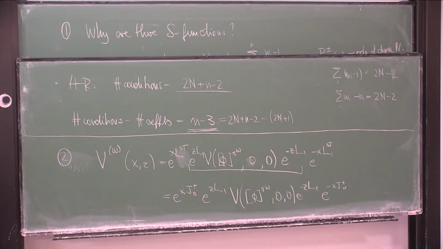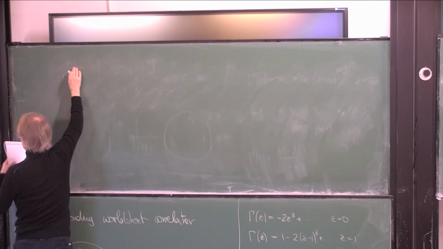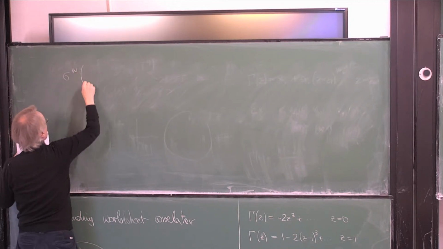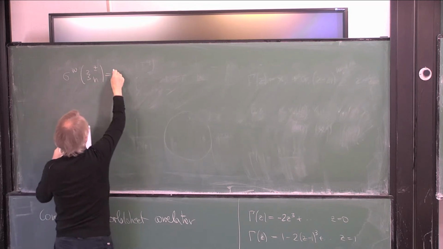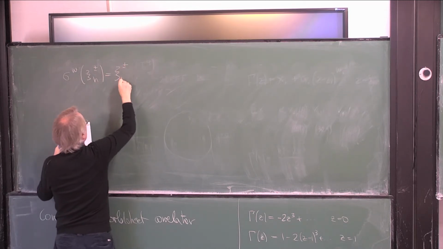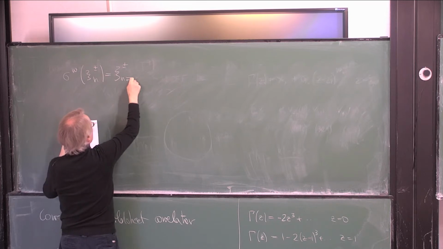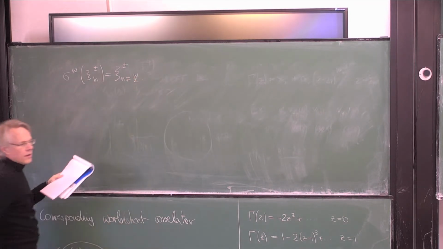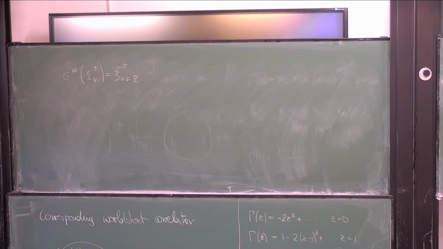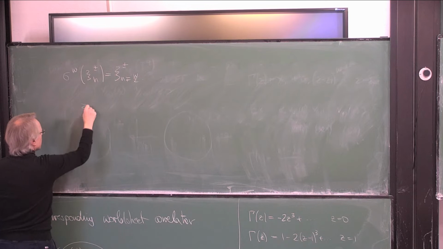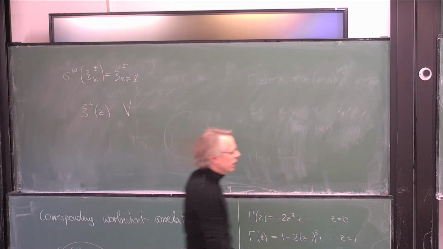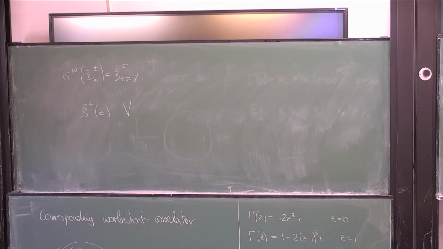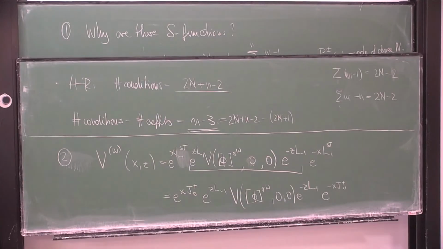So remember that sigma to the w of psi plus and minus of n is psi plus and minus of n minus or plus w over 2. That's how we said the spectral flow acts on the symplectic boson. So I can ask, how does the field psi plus of z behave next to the vertex operator corresponding to the state in the w spectrally flowed sector?